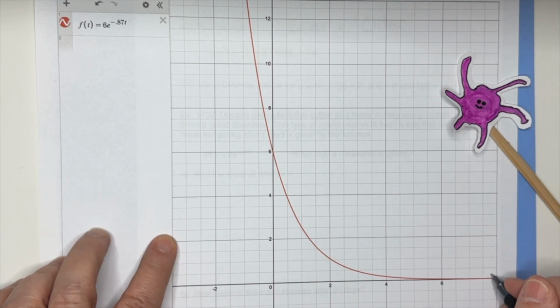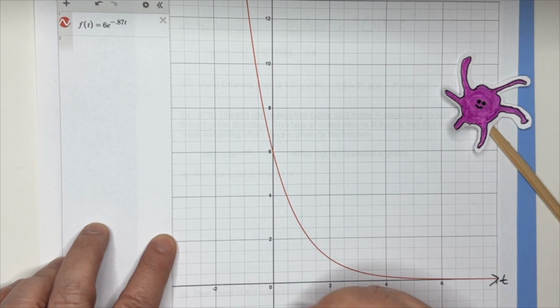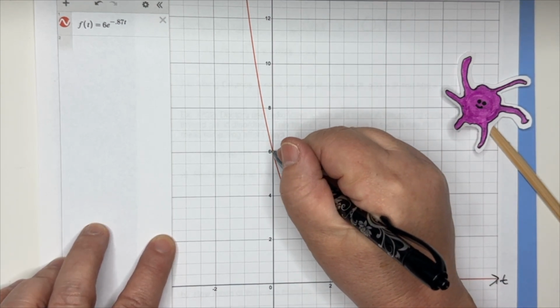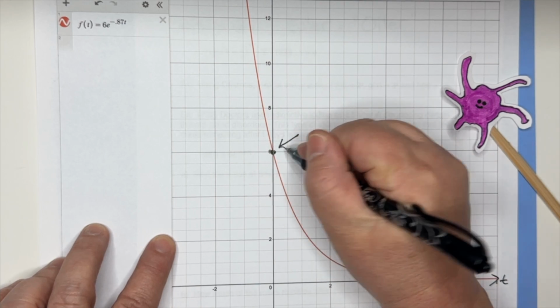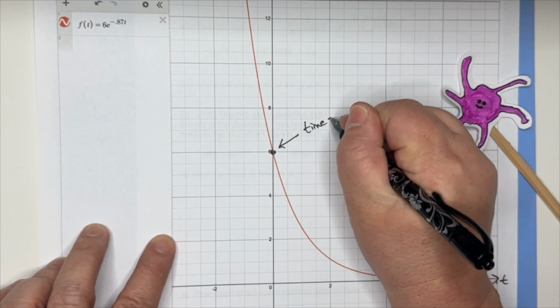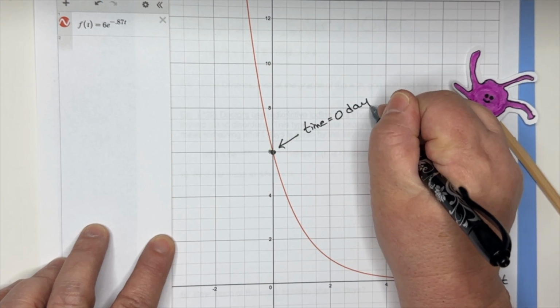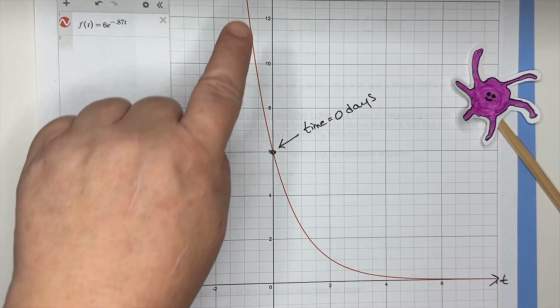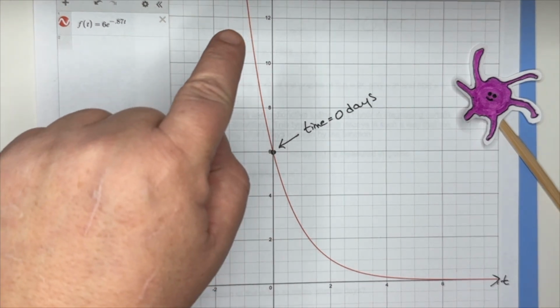Now, since this is the number of days, in fact, this right here is what happens at time equals 0 days. So in fact, this whole graph is not really what we're very interested in.